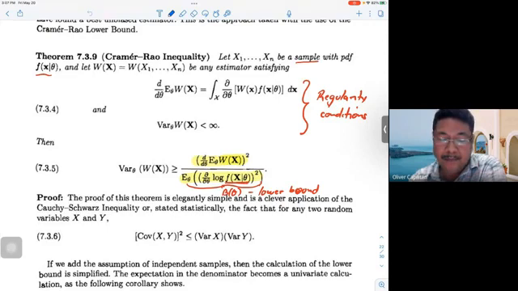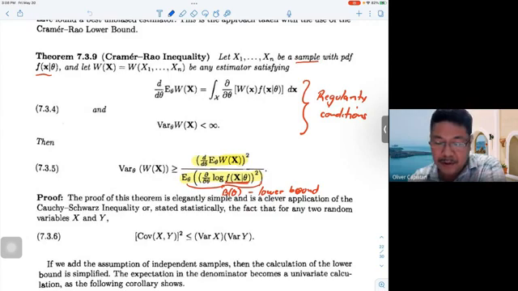The first one: the derivative with respect to θ of the expectation of the estimator W(X) is equal to the integral of the partial derivative of the product of W(X) and the joint density, integrated over the sample space dx. And the variance of our estimator W(X) is finite.